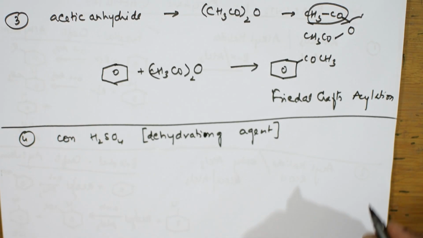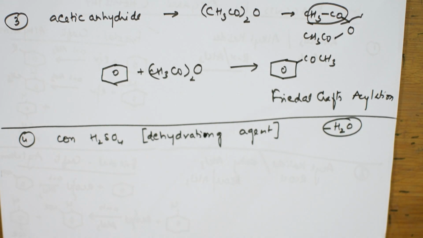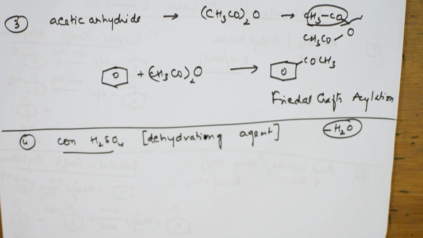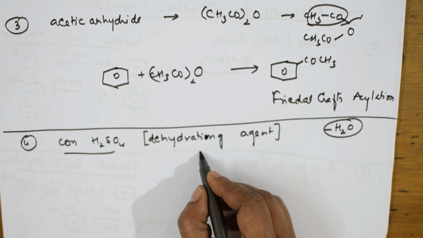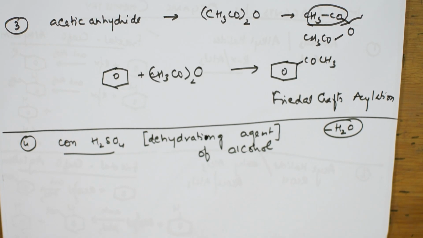D means removal, hydrating means water. It's going to remove water from that particular alcohol. So whenever you see concentrated sulfuric acid, it means dehydration of alcohol.